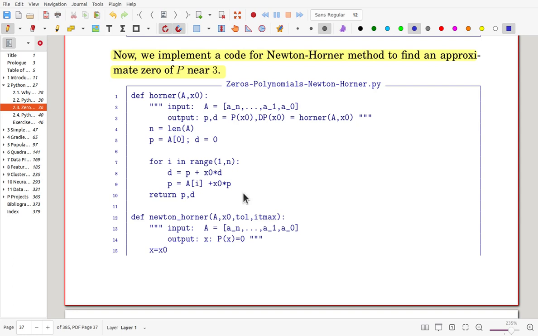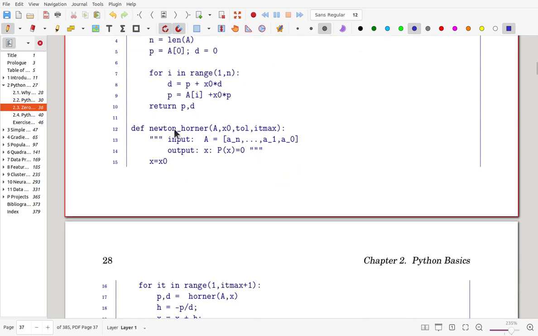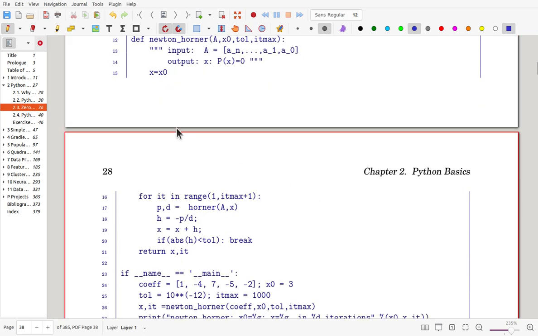In high school, you learned it with the name synthetic division. Okay, and now by using Horner's method, the Newton iteration can be organized in this way.